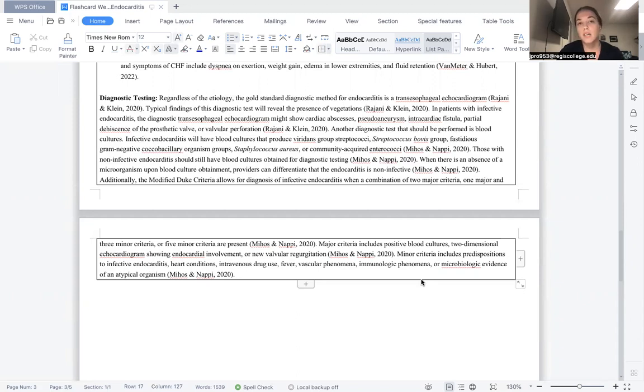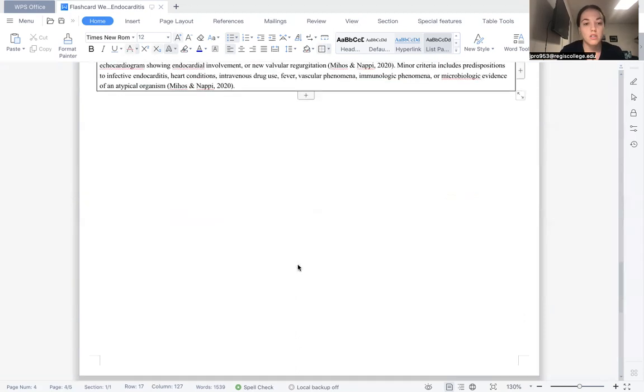We also see that minor criteria include heart conditions, intravenous drug use, fever, vascular phenomena, immunologic phenomena, or microbiologic evidence of an atypical organism.